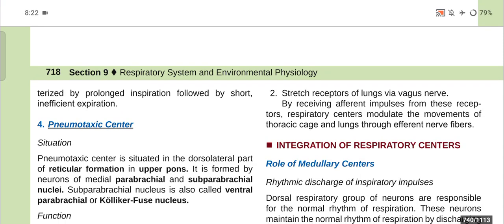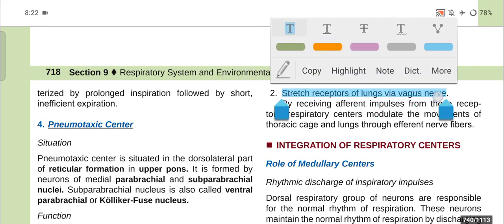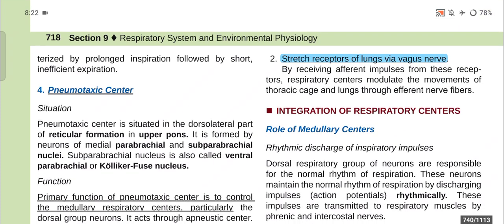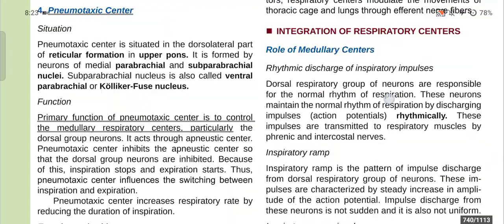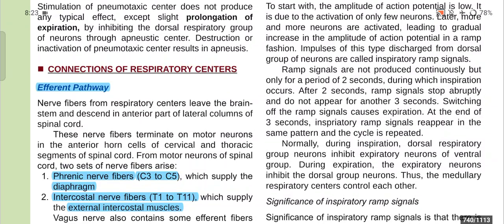Number 2, that is stretch receptor of the lungs via vagus nerve. And by receiving the afferent impulses from these receptors, respiratory centers modulate the movements of the thoracic cage and lungs through efferent nerve fibers. So this is the connection of respiratory centers.